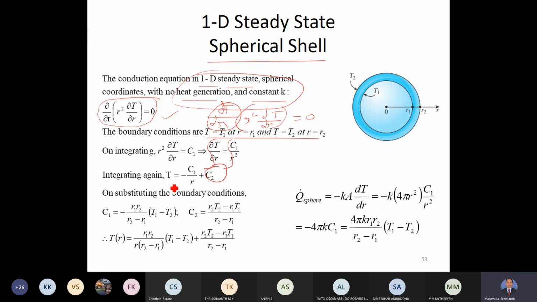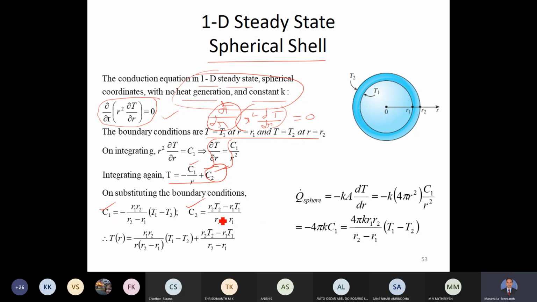So now you have the temperature distribution in terms of C1 and C2, which are the unknown constants. These values of C1 and C2 can be estimated if you substitute T1 in place of T and r1 in place of r. Likewise, if you substitute T2 in place of T and r2 in place of r, you will get another equation in C1 and C2. So two unknowns, C1 and C2, two equations, it can be solved, and after solving it, you will get the values of C1 and C2 like you see here.